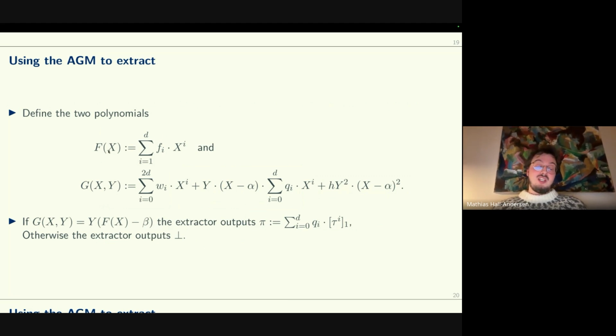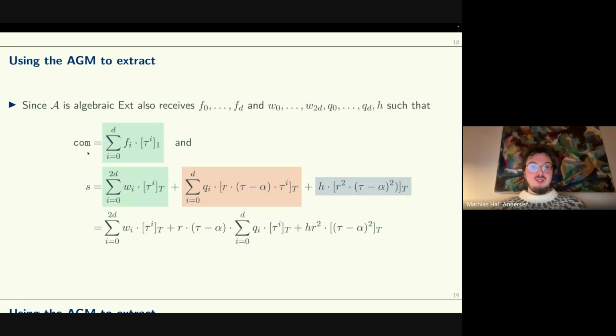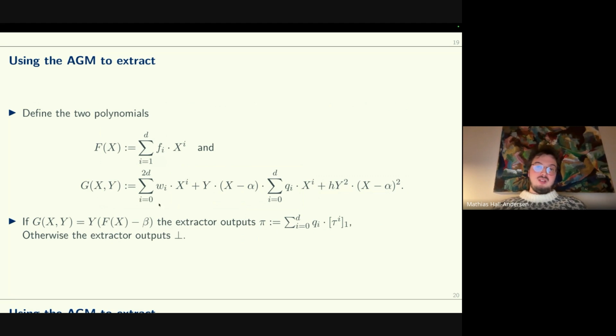The indeterminate for tau is going to be X, and the indeterminate for R is going to be Y. So if you go back and see here, this commitment is going to be some combination of these F_i with X and the correct powers of X. And for S, R is replaced by Y. So this is going to be Y, this is going to be X, this is going to be powers of X, this is going to be Y squared, this is going to be X. So I can write up a polynomial like this for the commitment, and I can write up a polynomial here for S.